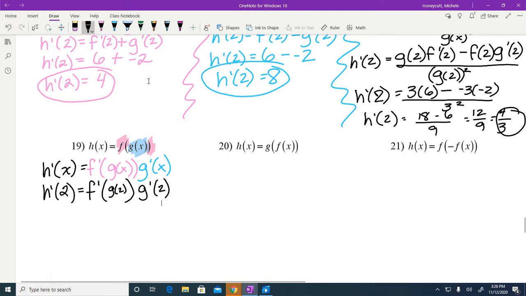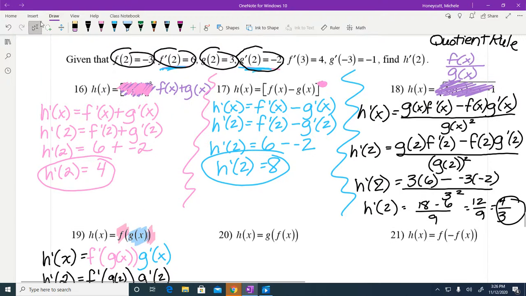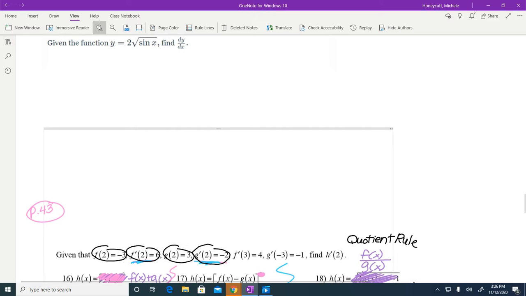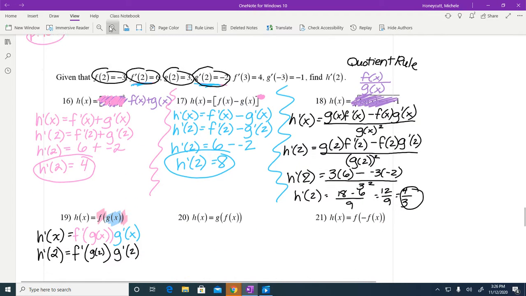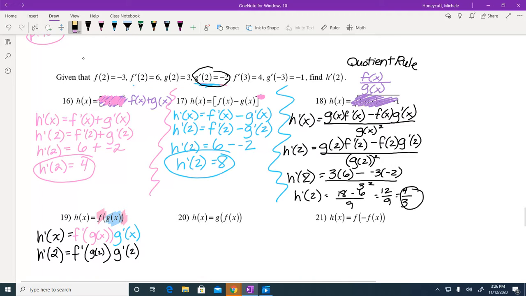So I need to erase what I have. I might need to also zoom out so we can see a little bit better. Okay, let's erase all these stray marks up here. Let's fill in what we know. I'm going to have to find f prime of g of 2. G of 2 is 3.